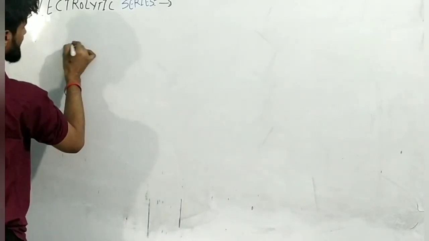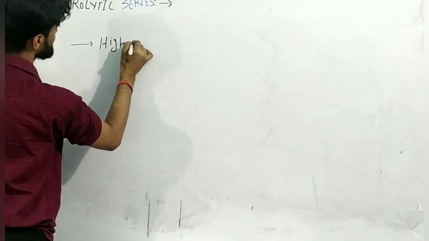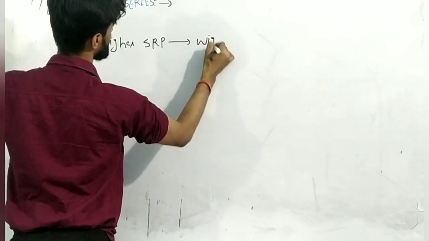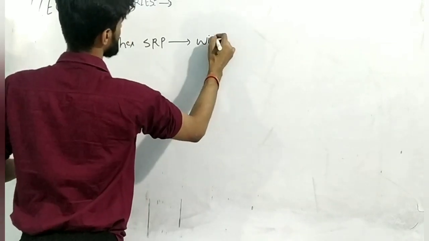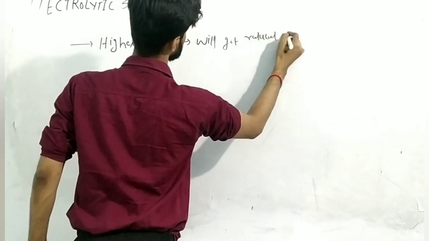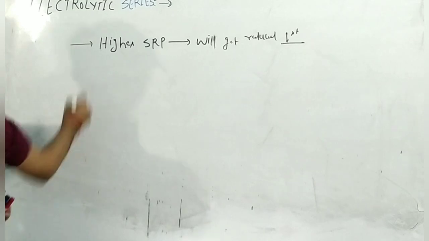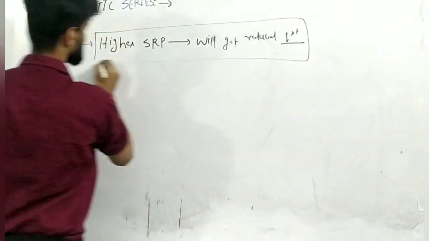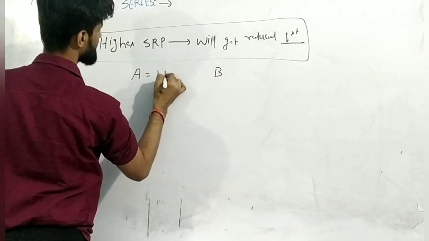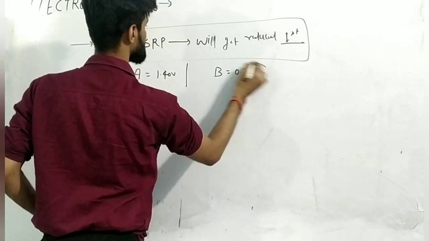Understand one thing. I have already discussed that the substance which has the highest standard reduction potential will get reduced first. So you have to see two substances, A and B. A has a reduction potential of 1.04 volt and B has a reduction potential of 0.76 volt.